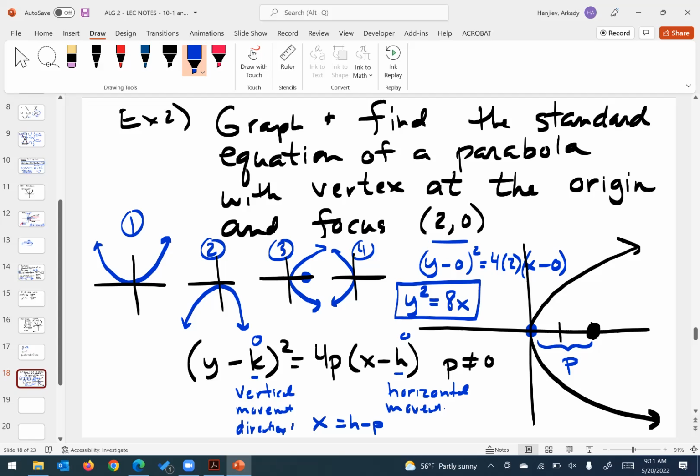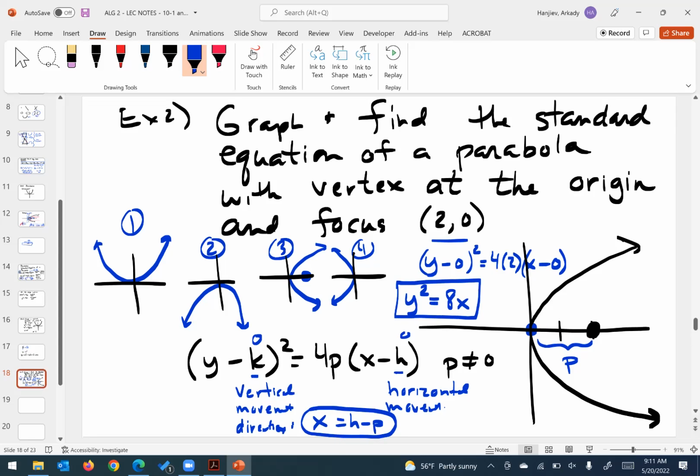Oh, I think you're talking about the directrix, right? So let's do this equation and see what you have. We have to graph the directrix right here. x is equal to h minus p. h for us is 0, and p is 2, because it's the length from here to here.